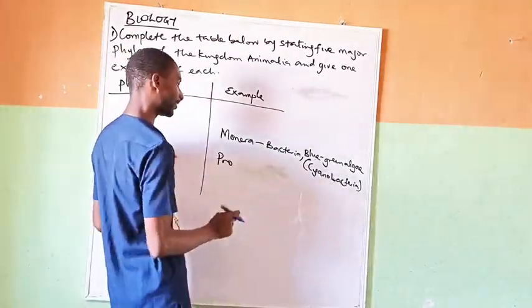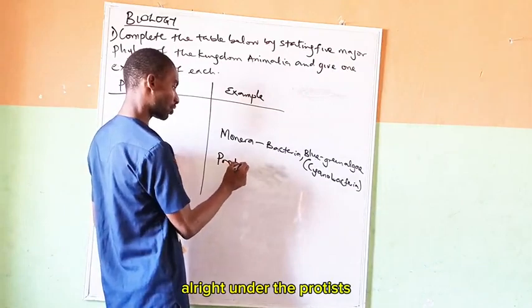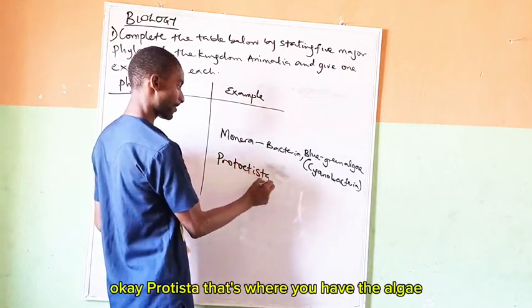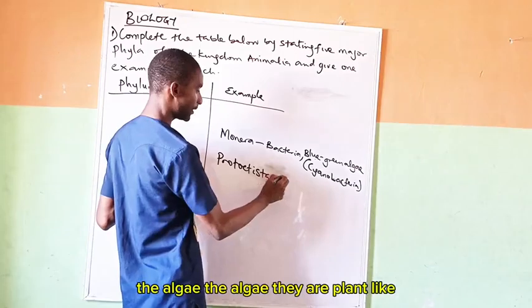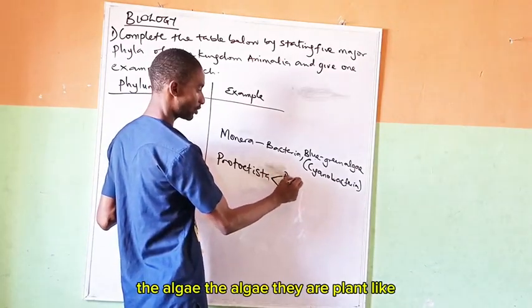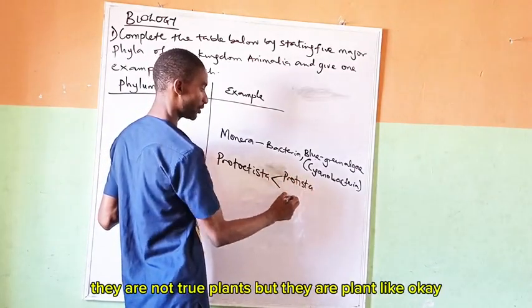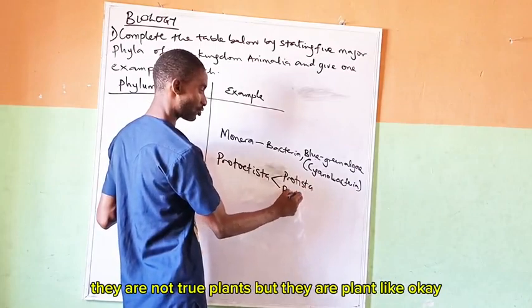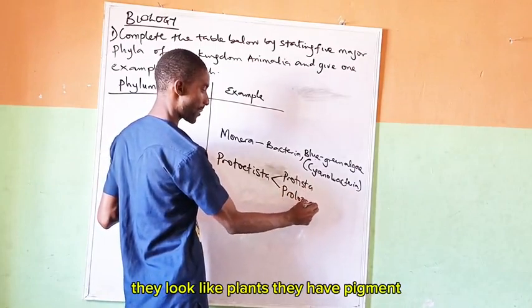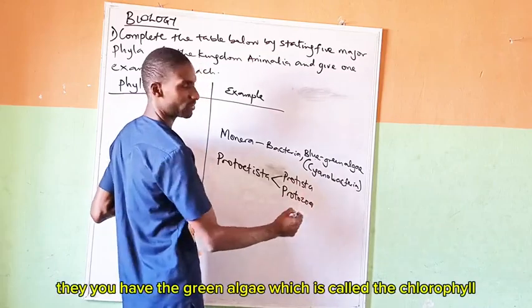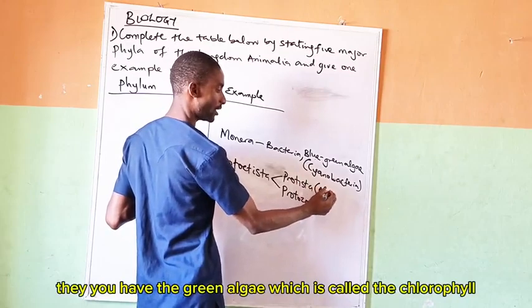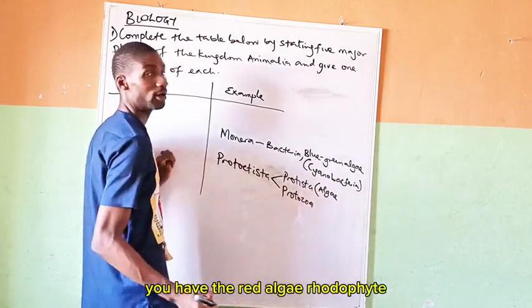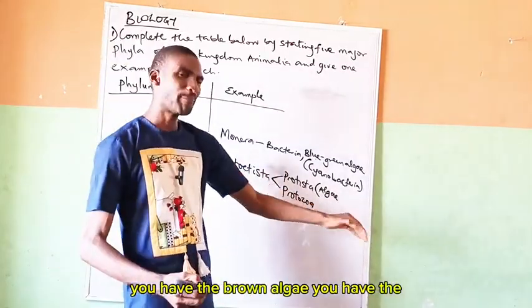The second kingdom is kingdom Protoctista. This kingdom Protoctista is divided into Protista and Protozoa. Under the protists, that's where you have the algae. The algae are plant-like.